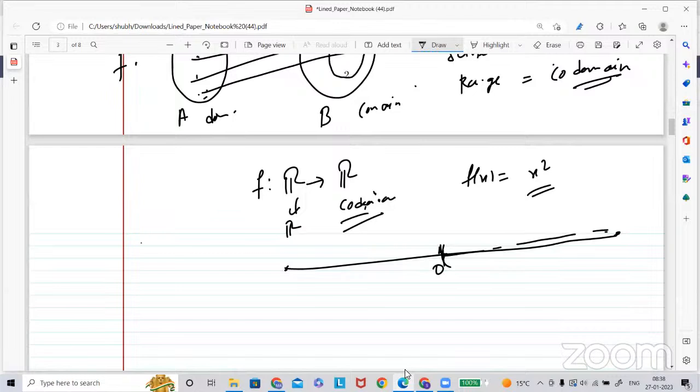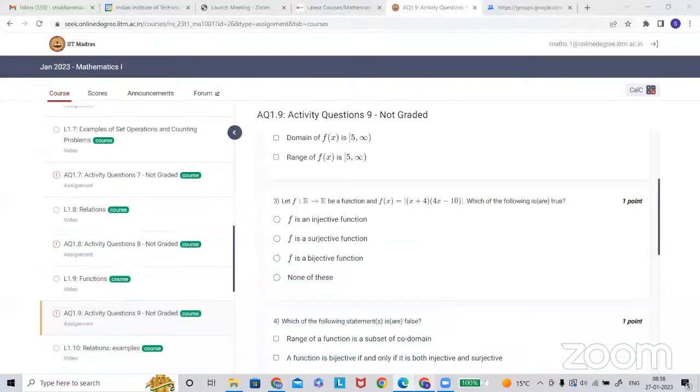In that case, is the function surjective? No, this function is not surjective. If the range is equal to the codomain, then the function is surjective. Okay, sir. Thank you.